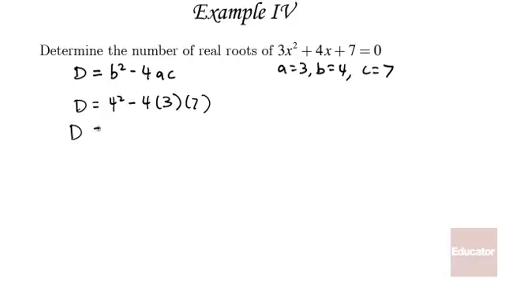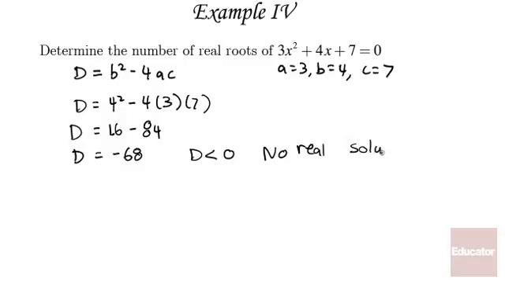So d equals 16 minus 4 times 3 is 12. 12 times 7 is 84. So d equals 16 minus 84, that is negative 68. Since the discriminant is negative, so the discriminant is less than 0, there are no real solutions.